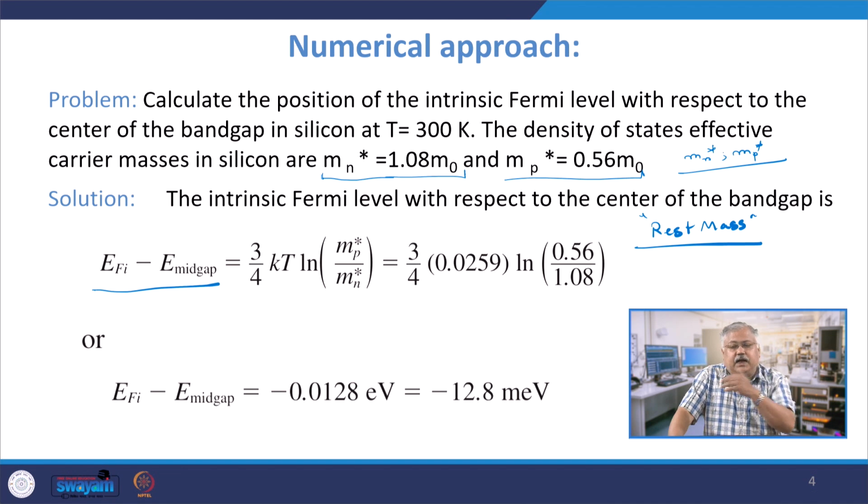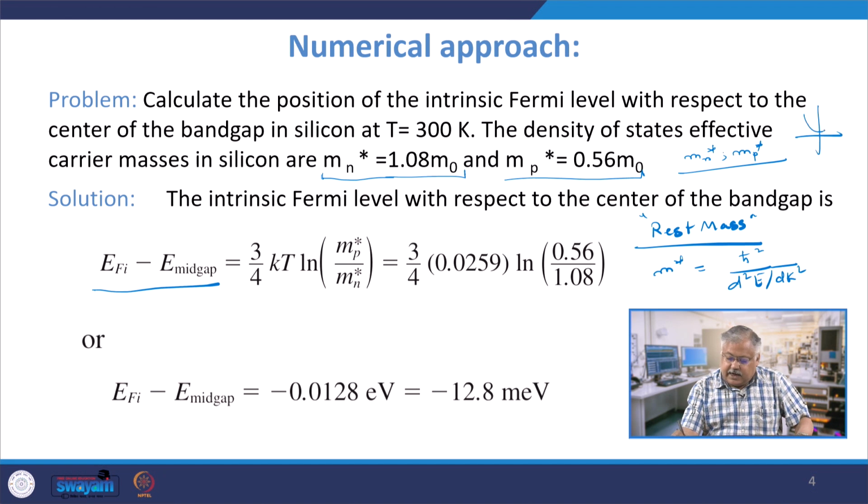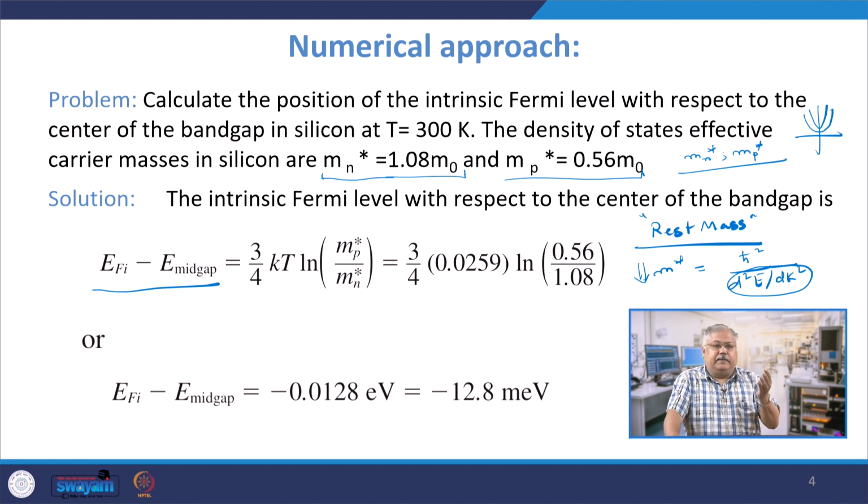The steeper the E-k diagram, the higher the value. The effective mass is given by h cut squared by d2E by dk2. So, if you plot the E versus k diagram, the steeper it is, the higher the value of d2E by dk2 and the lower the value of M star. So, typically we look at the E-k diagram and from there predict the value of the effective carrier masses in silicon, and that comes out to be 0.8.